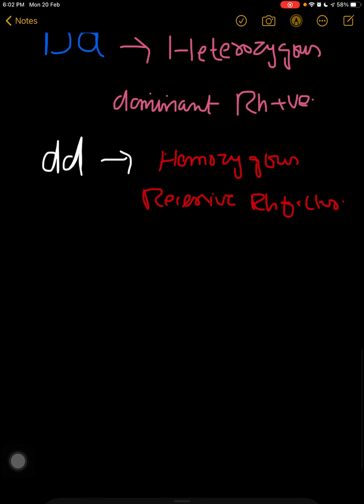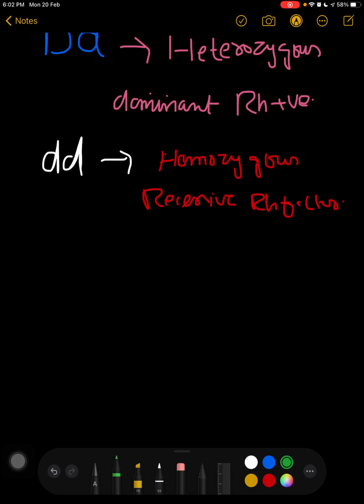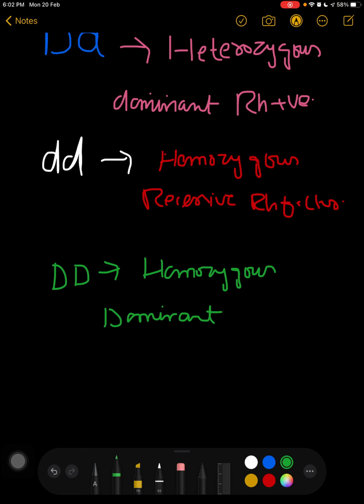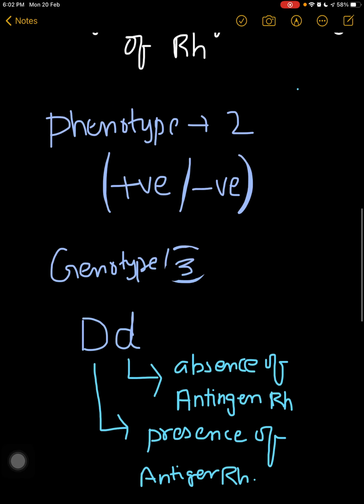And for example, if we have something like DD, so basically this shows homozygous dominant Rh antigen, right? This shows this.